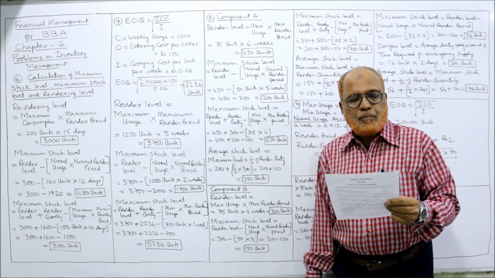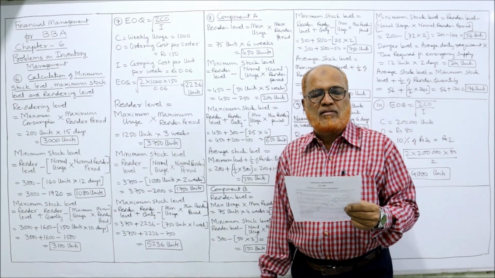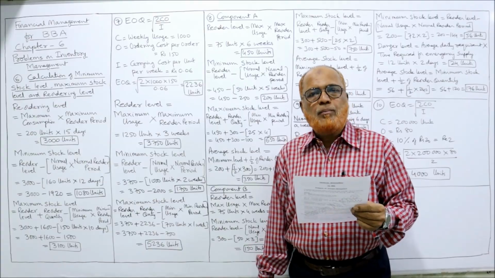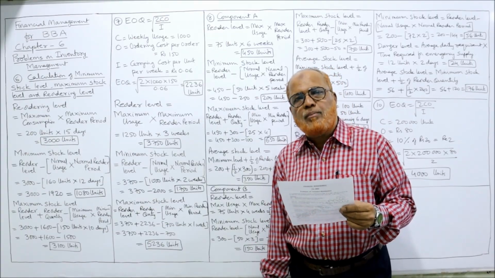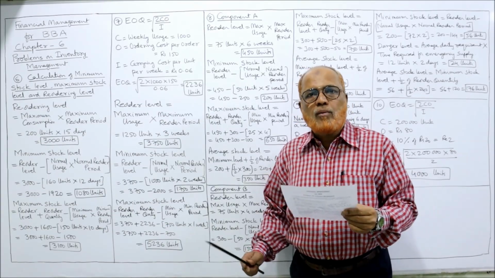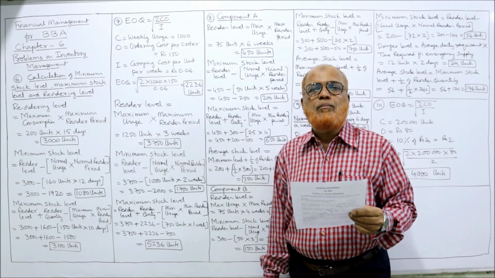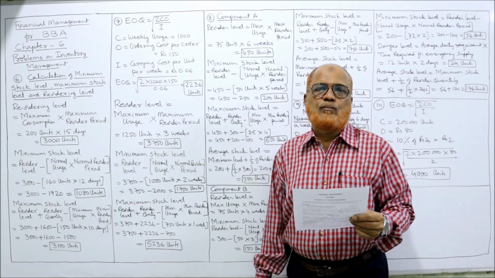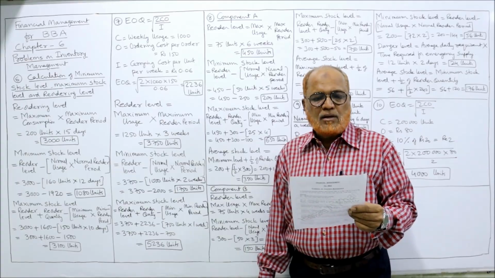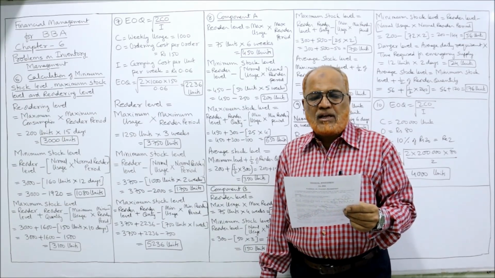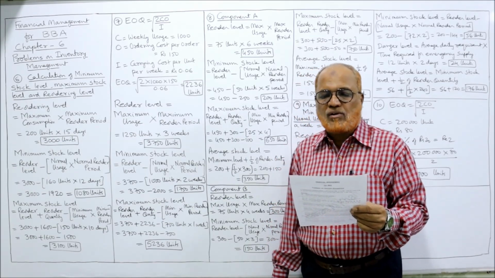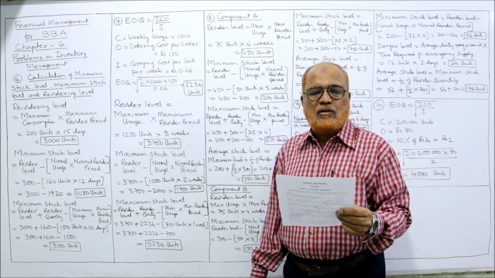And the reorder period is 1 to 3 weeks. The minimum reorder period is 1 week, maximum reorder period 3 weeks. The normal reorder period is 1 plus 3 divided by 2, equal to 2 weeks. And the weekly usage of Material X varies from 750 units to 1250 units.